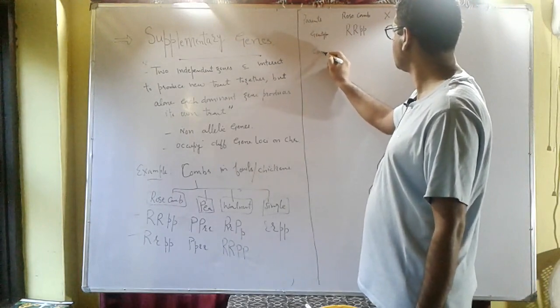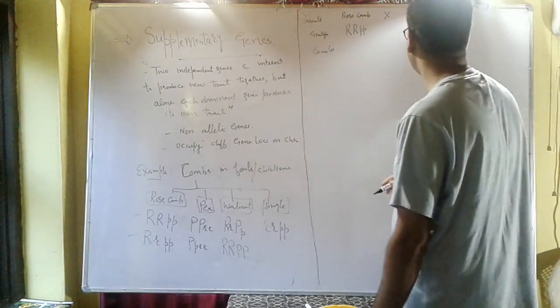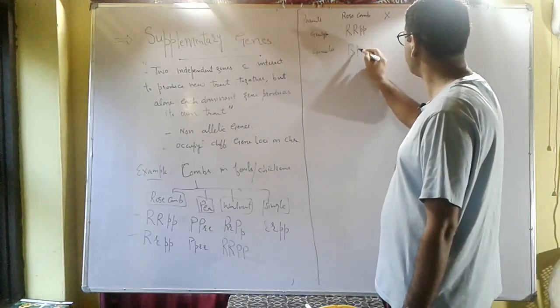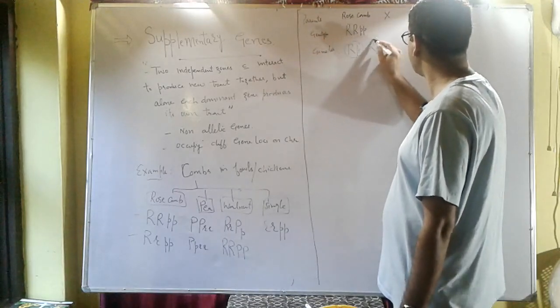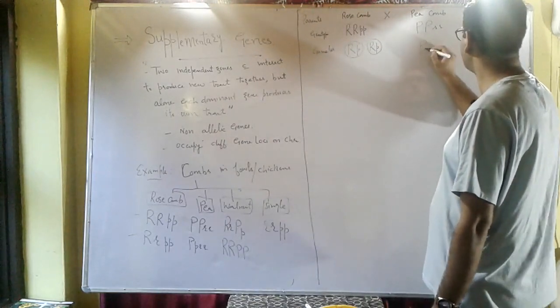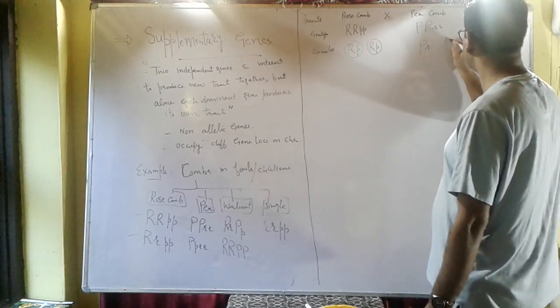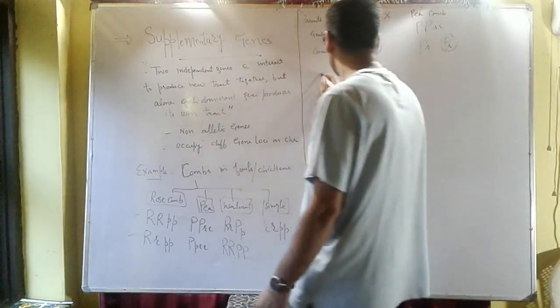Obviously we will get gametes, law of segregation, meiosis will operate. So we have gametes capital R, small p, and capital R, small p. Here the same gametes, capital P, small r. These are gametes. Then we will get the F1 generation.